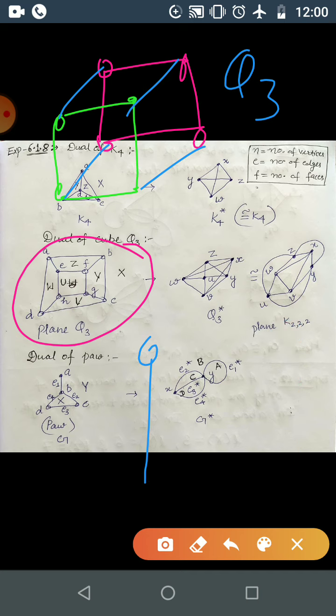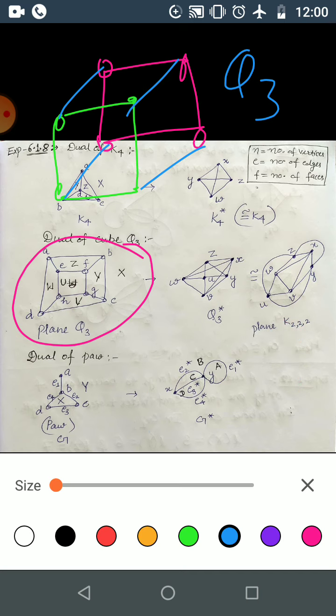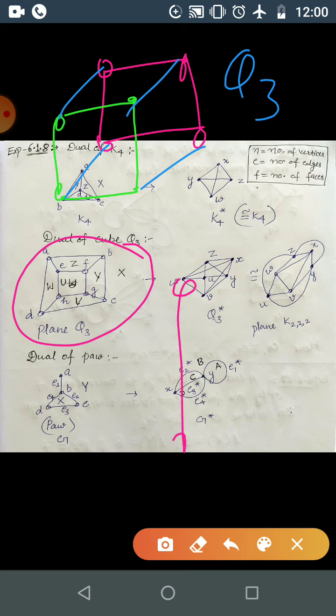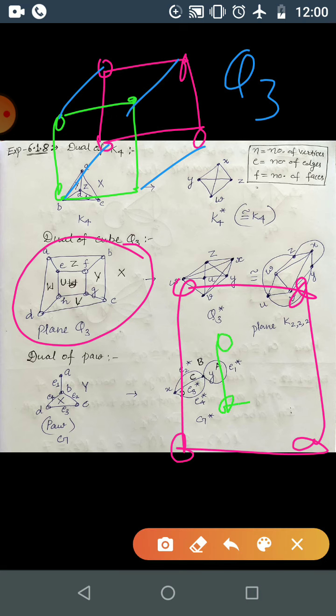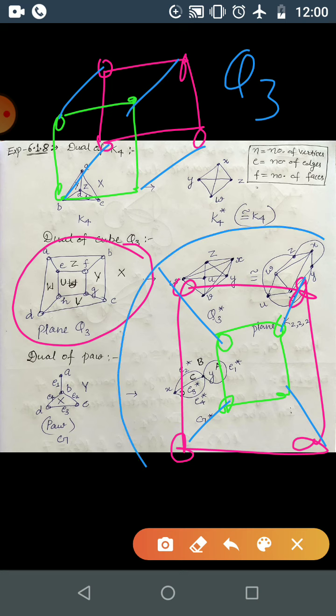So here you can take this pink one as outside or inside, whatever, correct, and this green one inside, and these edges will be this one. Okay, so this is a cube drawn in 2 dimensions, correct, drawn in a plane. So this is the planar embedding or plane graph of this planar graph.